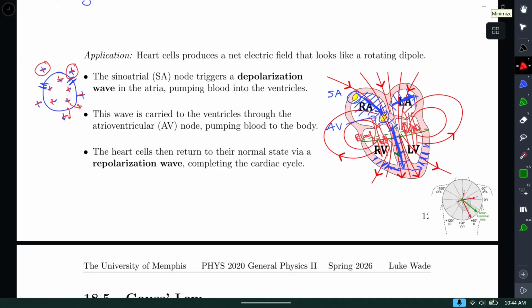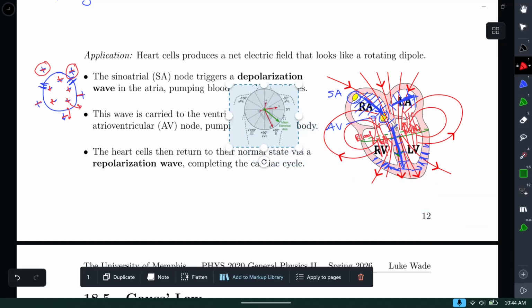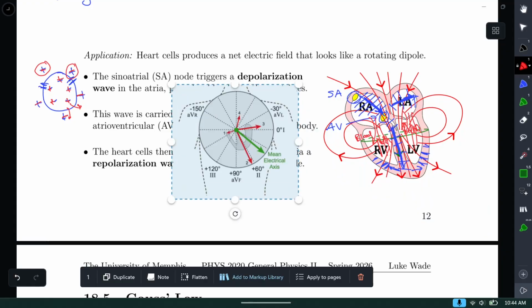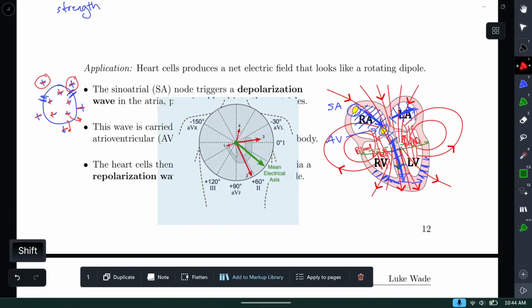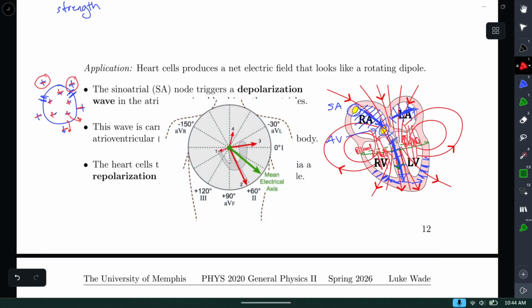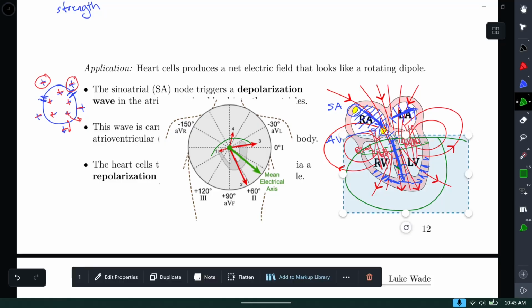You can actually track the health of the heart by tracking that vector showing which way the electric dipole is oriented inside of your heart. That's this picture right here, but you don't have this picture. I've had to sort of mesh it in from an earlier version of these notes. But this is particularly when the depolarization wave reaches the bottom of your heart. So it's just zooming in on that part.